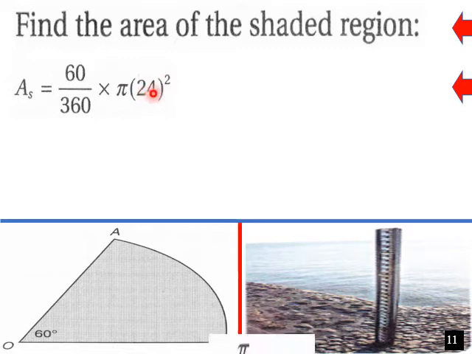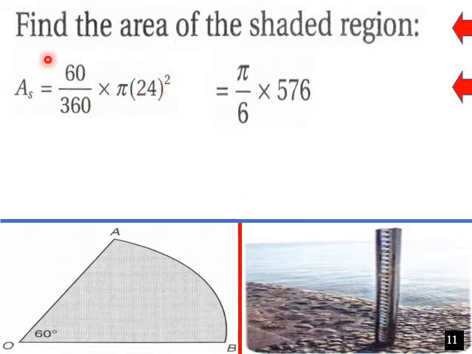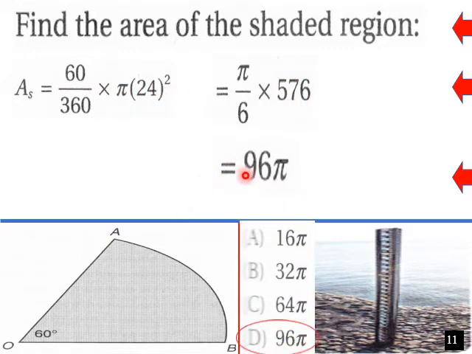So pi r squared equals pi over 6 times 576. This becomes 1 over 6 times pi times 24 squared, which is 576, and when we multiply this out it equals 96 pi. So it would be response D for the area of this sector.